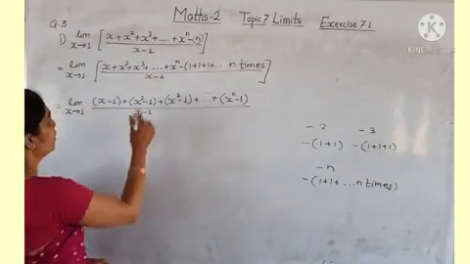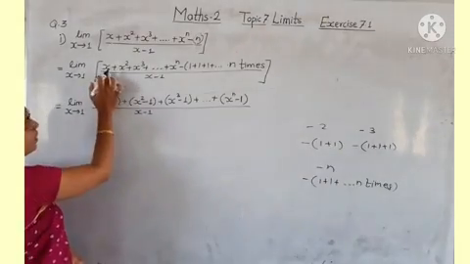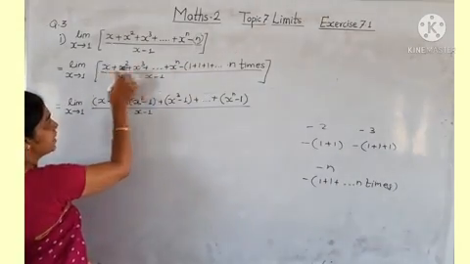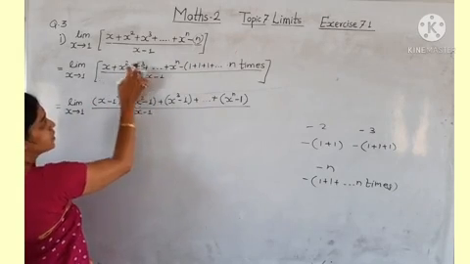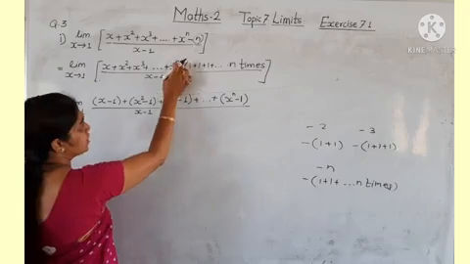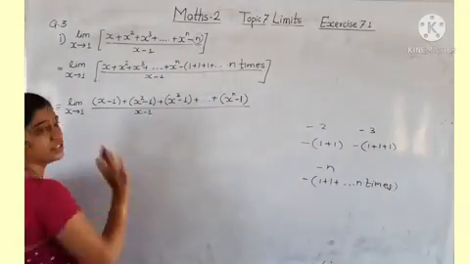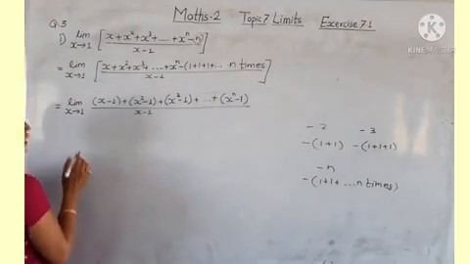Now upon x minus 1, limit x tends to 1. Now give 1 to each: x minus 1, x square minus 1, x cube minus 1, dot dot, x raised to n minus 1. Give 1 to each of these terms, dividing by x minus 1.